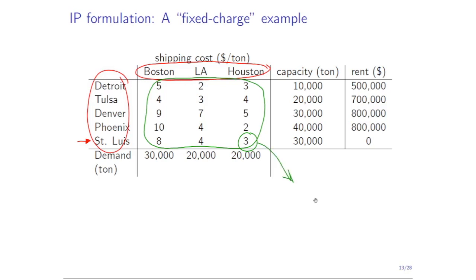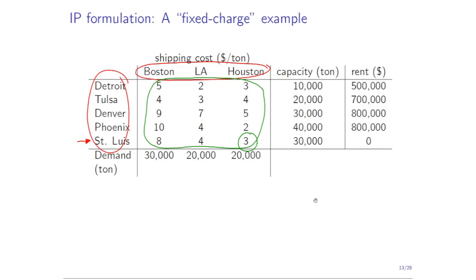So this, for example, says the cost of shipping 1 ton of rice from St. Louis to Houston will be $3, and so on. Okay, so this is the unit shipping cost.